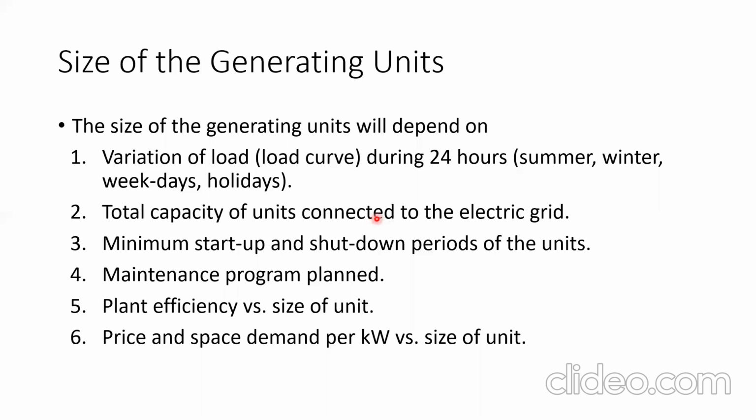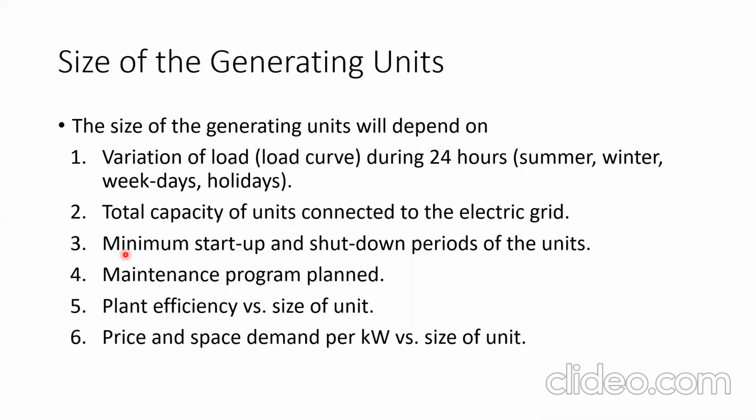Some of the generating units are at hydropower plants like Koyna, or Kane, Dhom, etc. You have to take into account which units will be run to provide a base load, and which units will be turned on to provide a peak load. You have to check all these things. The total capacity of units connected to the electric grid will affect the size of generating units.